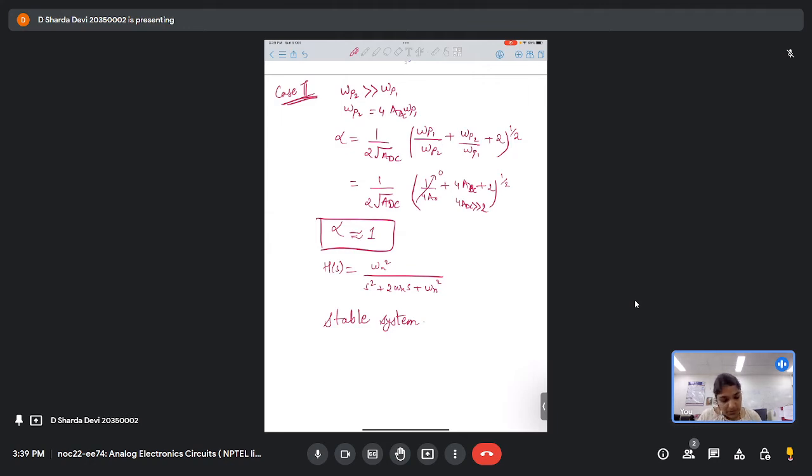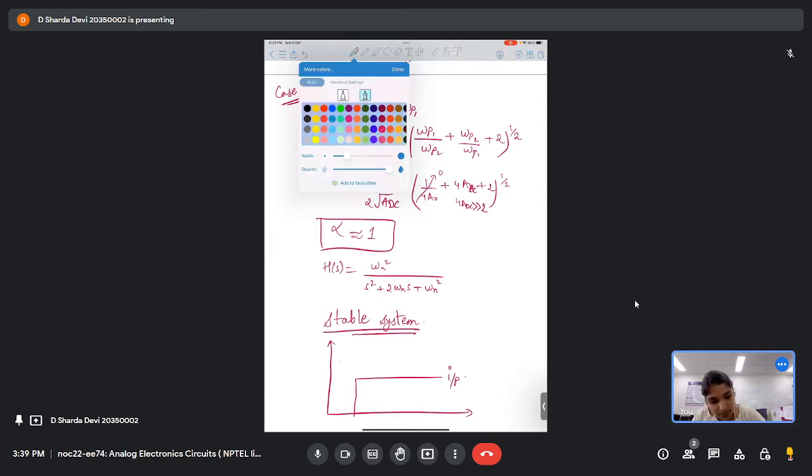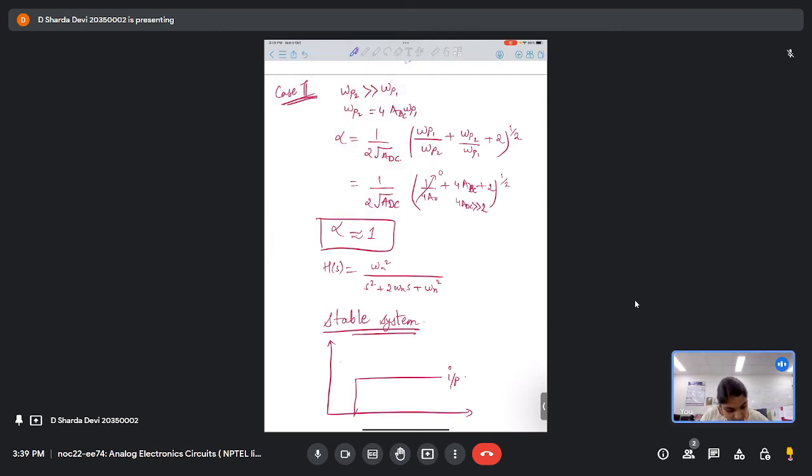So if this is the input, the output will be a damped system.